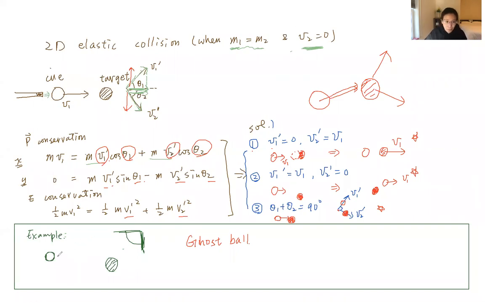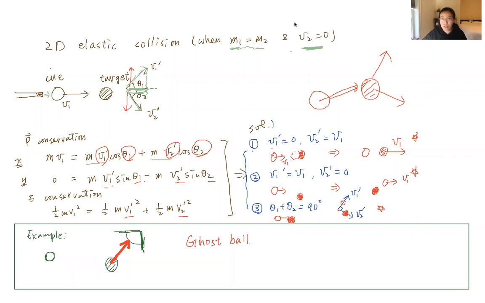When you aim your cue ball at your target ball, your goal is to make the target ball go in this direction, into the pocket, like here. So this is what you want the target ball to do. So how would you aim your cue ball? Would you aim it with this trajectory, in this direction or that direction?